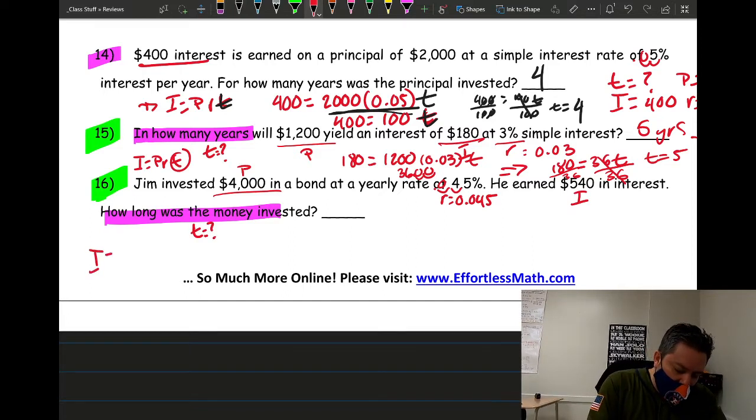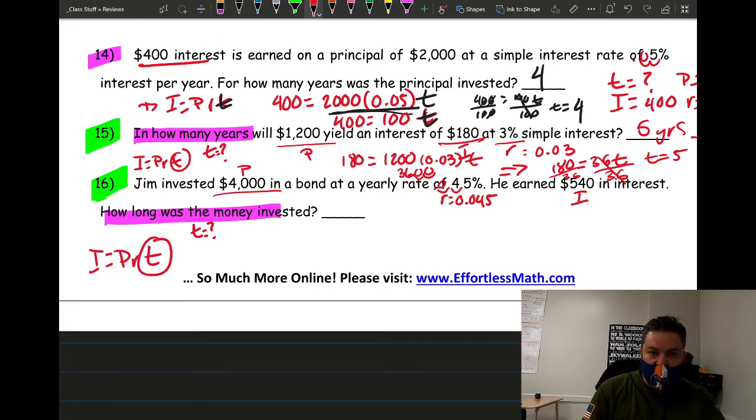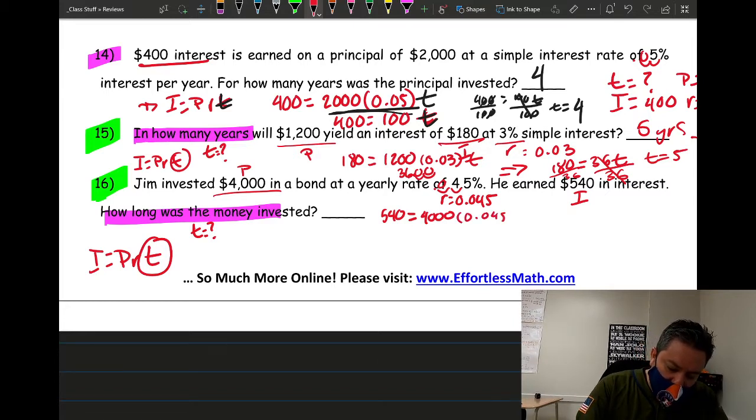Again, I equals PRT. This is what we're looking for. It's going to be just like number 15. So I'm going to substitute the values in. For I, I have 540 equals, for P, I have 4,000. For R, I have 0.045.